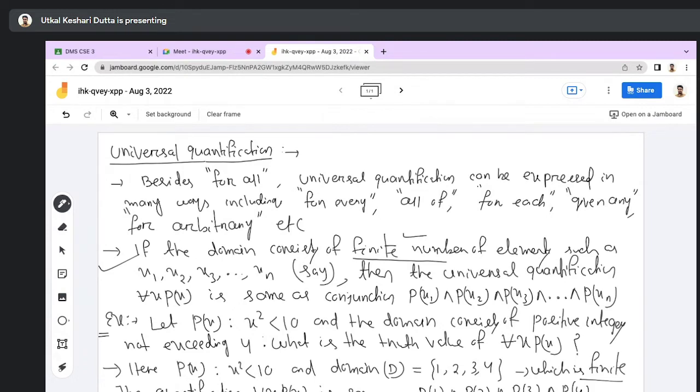True. P of 1 true, P of 2, P of 3, all are true. But what will be P of 4? P of 4 is false, yeah, 16 is not less than 10. As this is false, this conjunction will be false. As this conjunction is false, the whole universal quantification will be false.